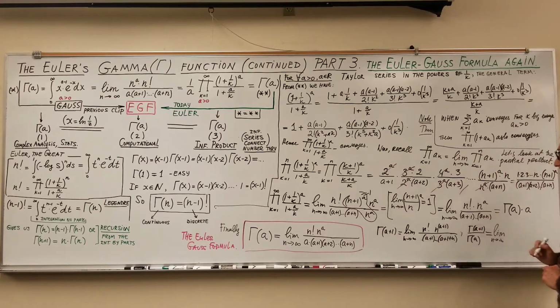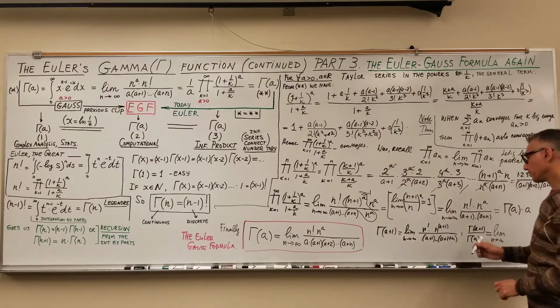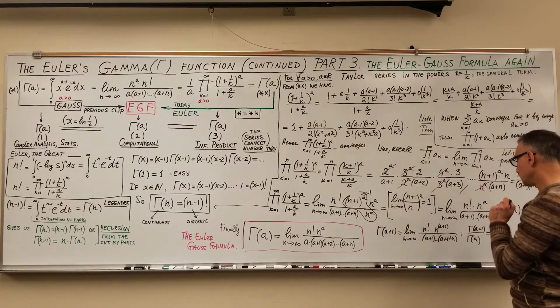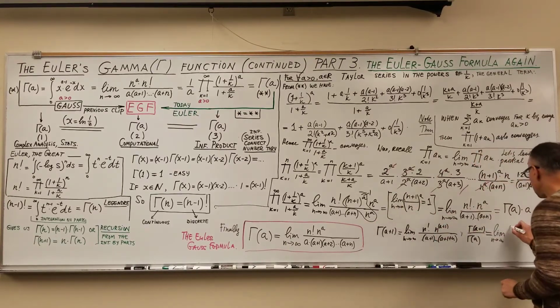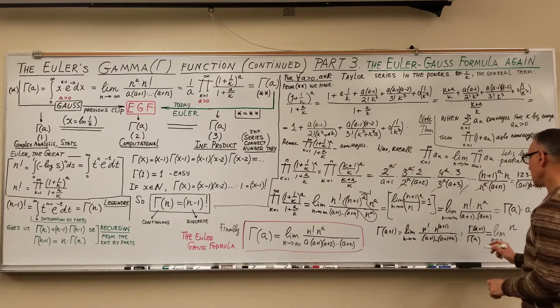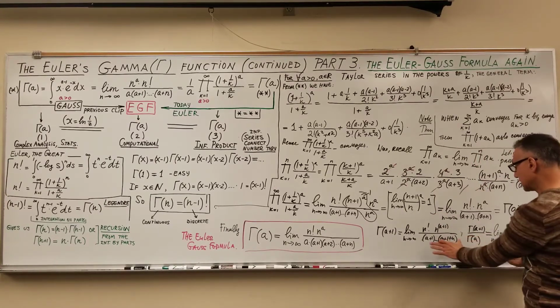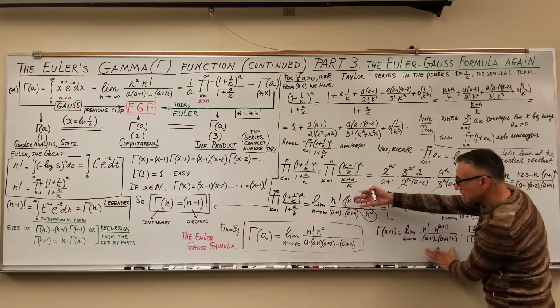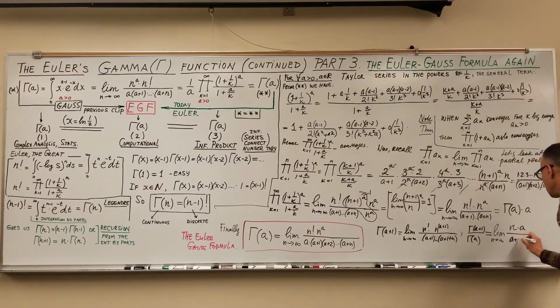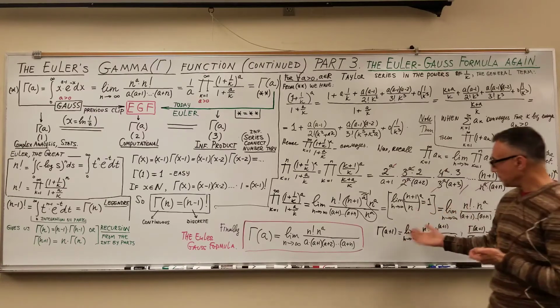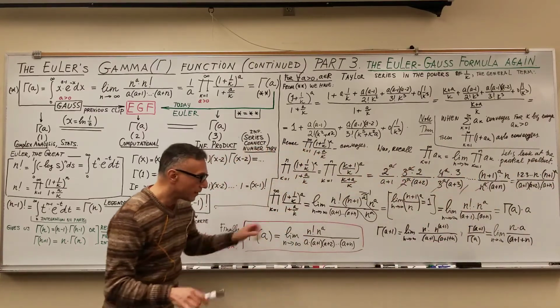So a lot of simplifications here. N factorial reduces. So n to the a plus 1 over n to the a will be just n. And here I have this, and the reciprocal goes up top. So I have here n a, divided by a plus 1 plus n. This is what we have, a lot of simplifications, cancellations, fraction reduction.